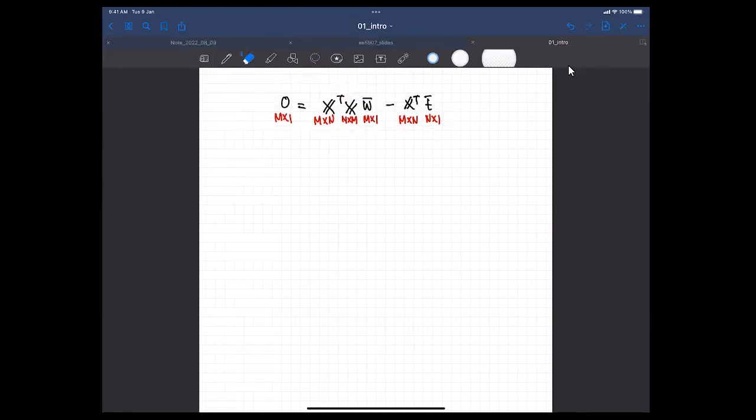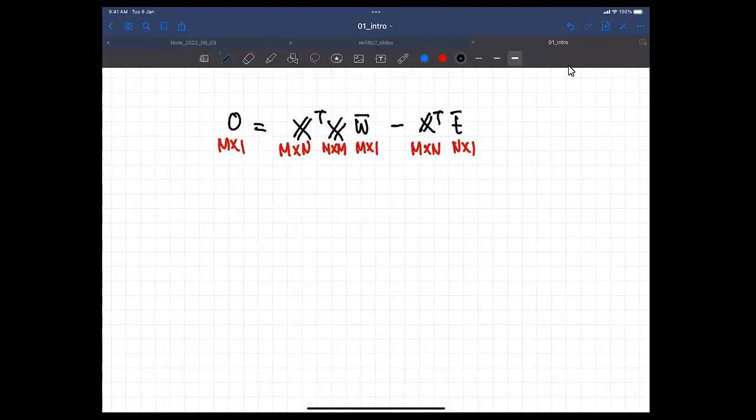Now, what is the goal here? Anyone? What do we want to predict? Which value do we want to predict? W bar, exactly. W bar is something that we want to find. So because W bar is something we want to find, we can arrange this into X transpose X W bar equals X transpose T bar. And W bar equals to what then?